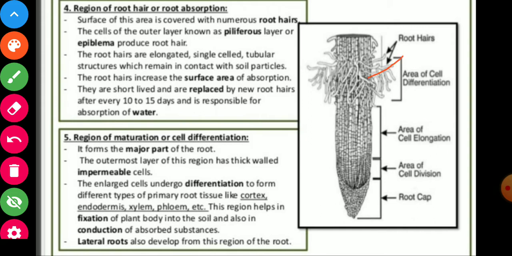Root hairs are for absorption of minerals and water from the soil. They increase the surface area for absorption. And the fifth one is the region of maturation or differentiation, where the cells of this region differentiate to form different types of tissues like cortex, epidermis, xylem and phloem.